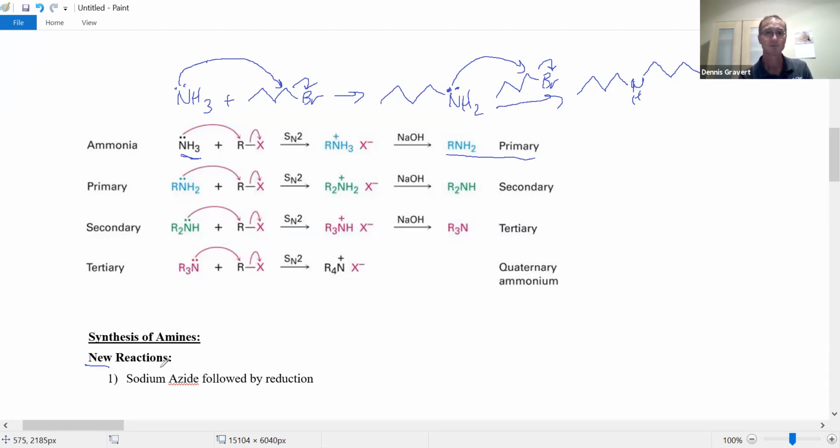And then that reagent also has to be transformed in some manner to your final product, the amine. Anyways, a good molecule that can perform that is a molecule called sodium azide, NaN3.